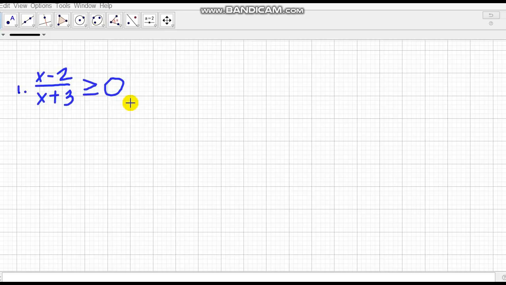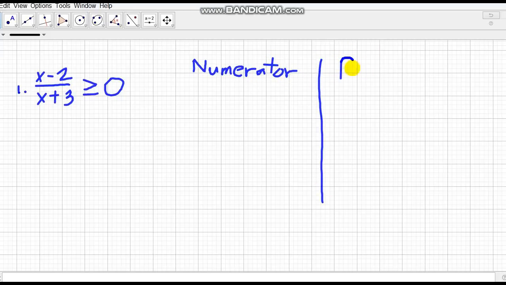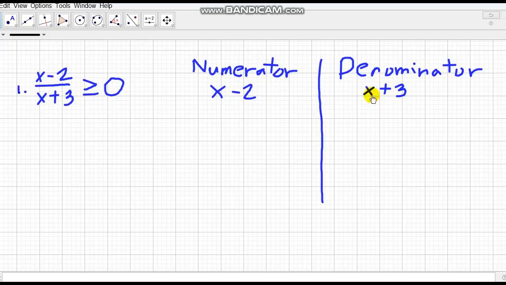Next, we're going to get the critical numbers. To get the critical numbers, we separate the fraction into its numerator and denominator. We take the numerator, x minus 2, and the denominator, x plus 3, and equate them both to 0.